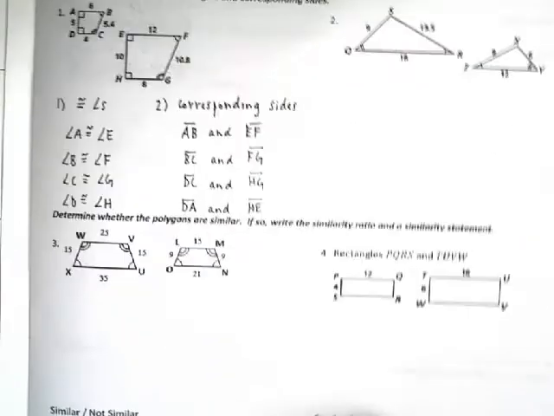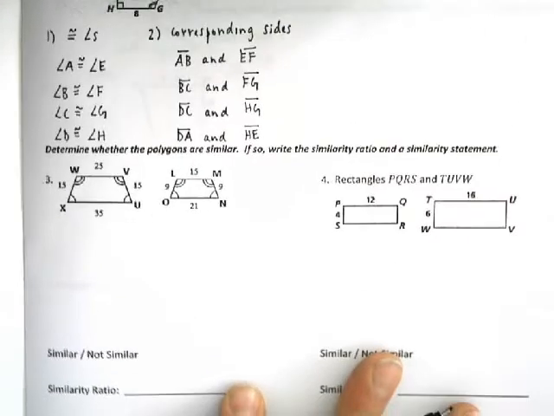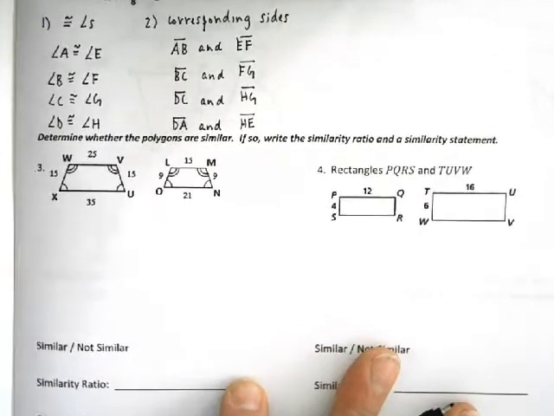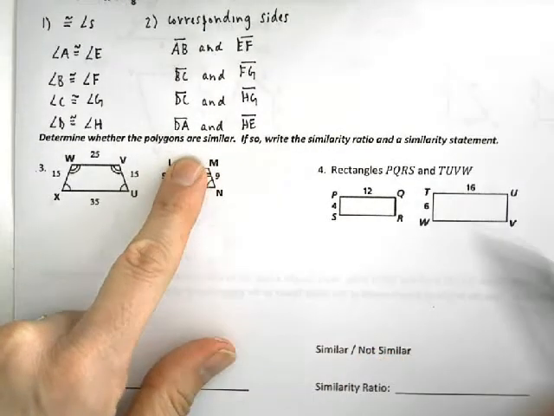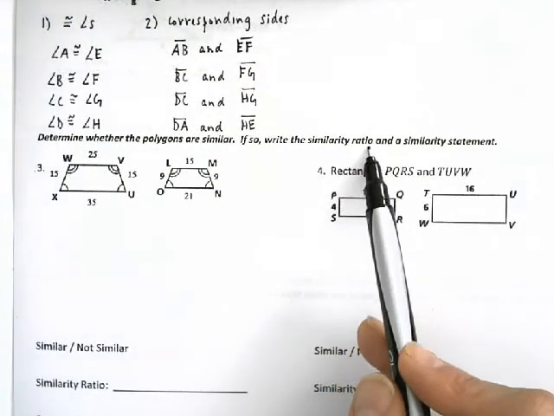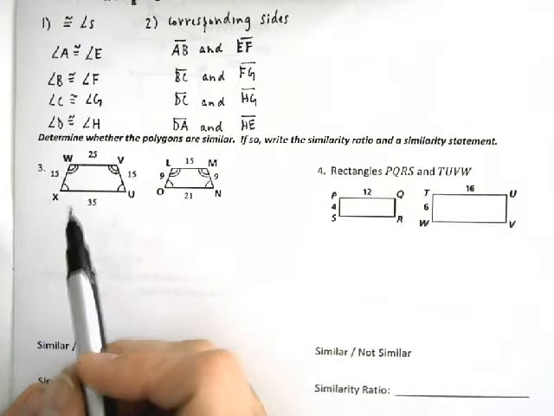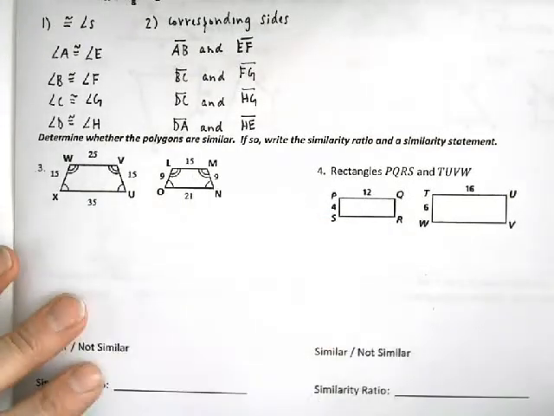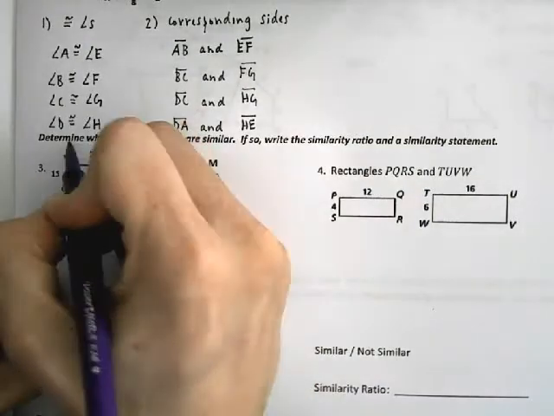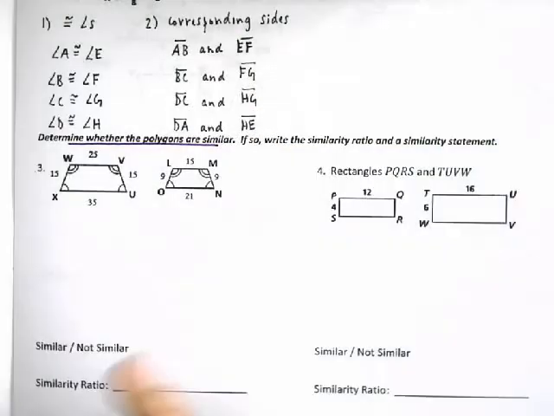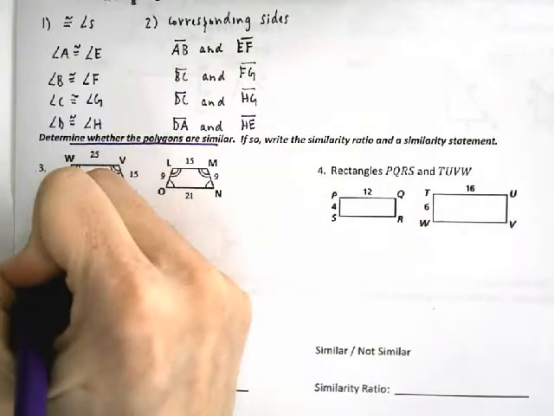Okay, so here's where we're really getting to some of the work now. Now we're being asked to determine whether the polygons are similar, and if so, write a similarity ratio and a similarity statement. So when I approach a problem, I know in order to determine whether the polygons are similar, I need to check 2 things.